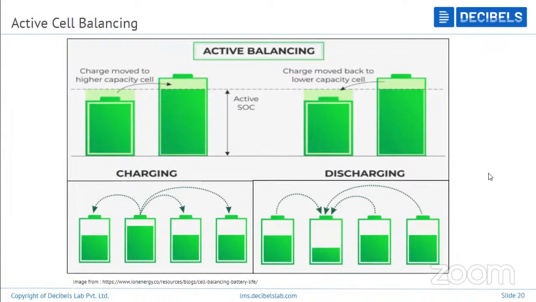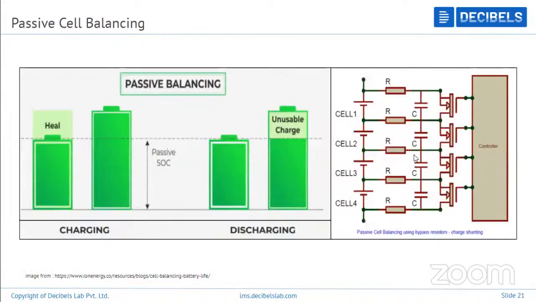All these algorithms have to be written and fed into your BMS. Only then can active balancing take place. Without that, it's pretty hard. But in passive balancing, there are algorithms, but it's just a matter of using a few hardware parts. It will just make sure that it absorbs the excess energy and passes it out.